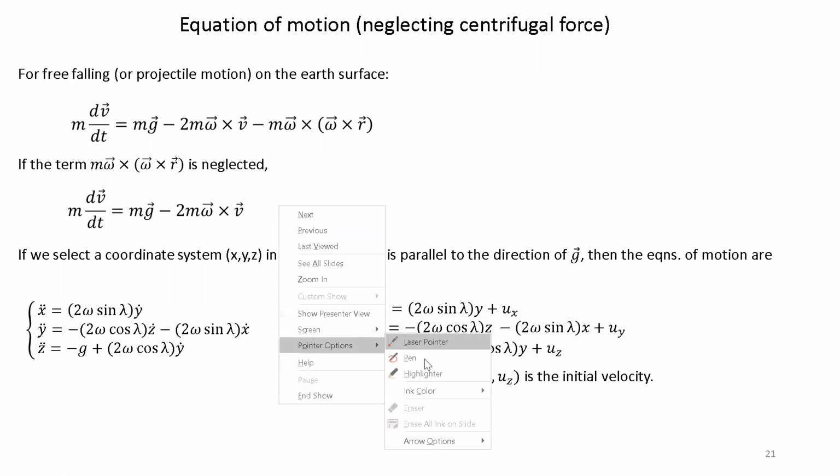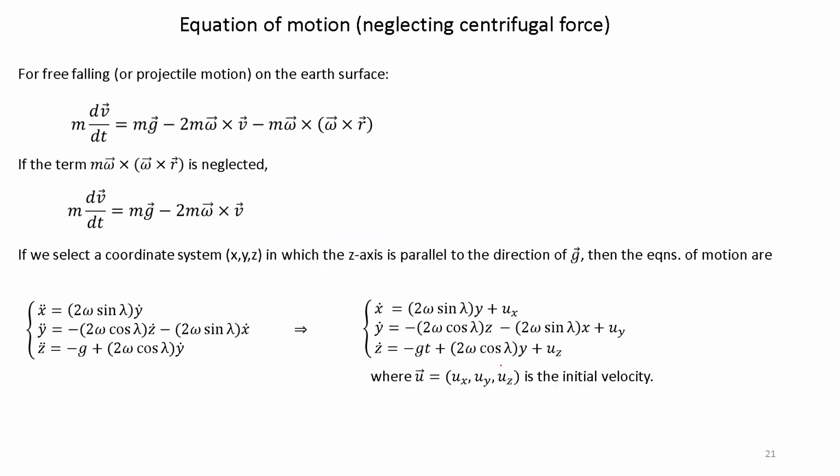You can look at the structure of this equation. This v vector is just x dot x hat plus y dot y hat plus z dot z hat.